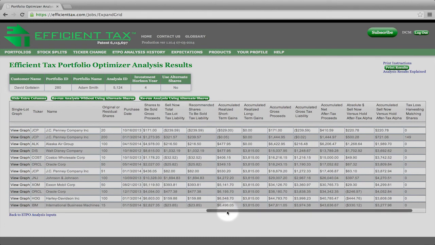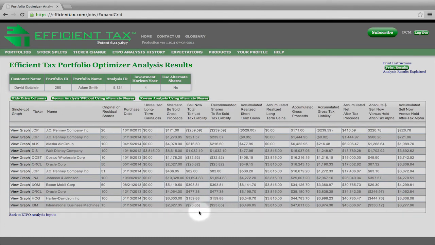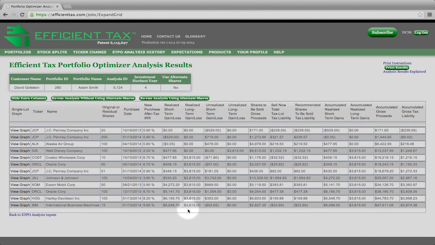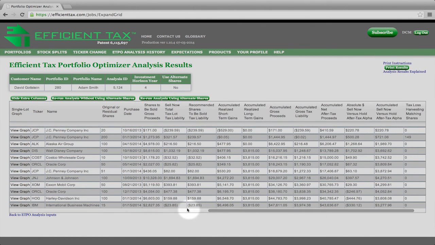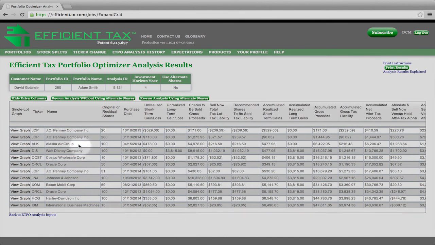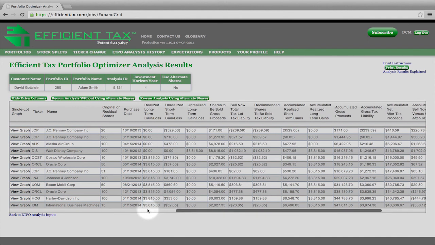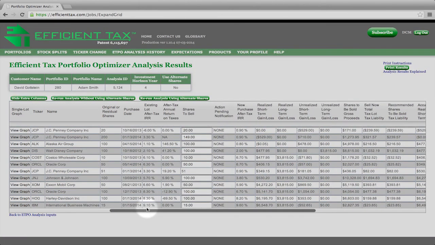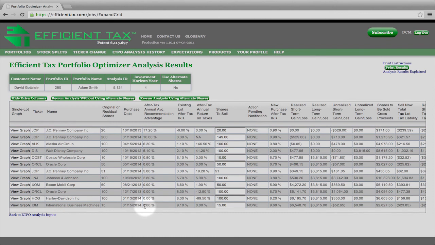You will see that not only when we move the navigation bar that more columns are visible to the right, but also the identifying tax lot information and view graph links remain static on the left. These are always visible in order to ease data identification. In addition to the summary information we displayed in the previous page, which one may navigate back to, we also include all the other important outputs related to the potential impacts of each partial or full tax lot sale.